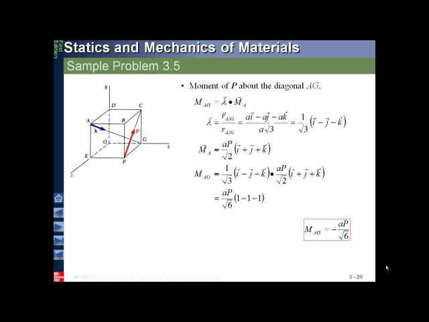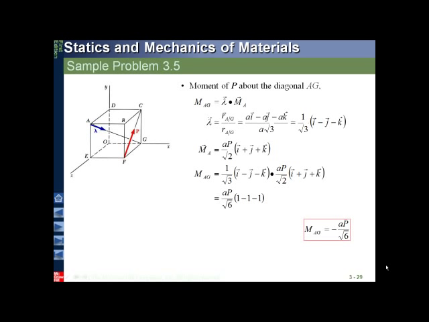The next one up here says, hey, let's do this triple product again about a new axis, AG. Only thing I can say with this, again, the moment at A that they calculate now is correct.